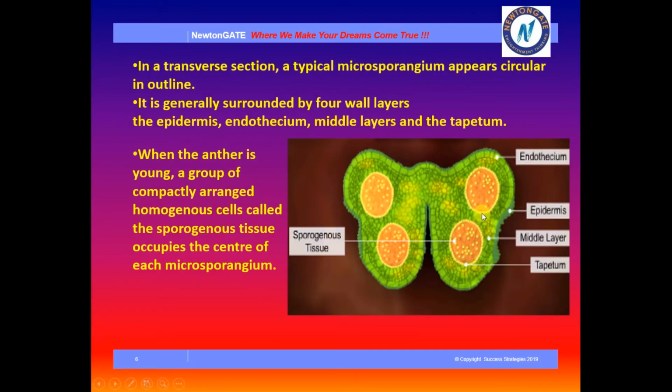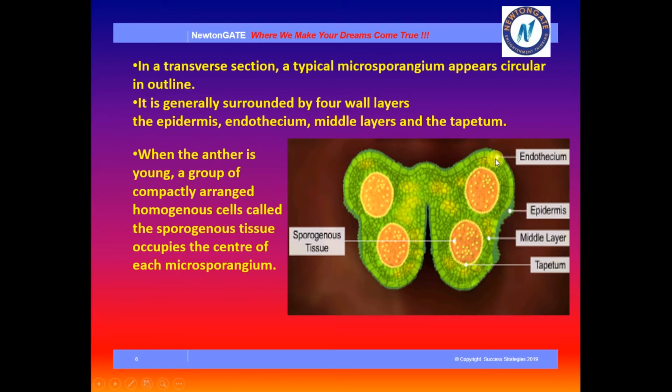So, this is the transverse section of a typical microsporangium. You can see here that it is almost circular in outline, and it is generally bounded by four wall layers. The outermost one is the epidermal layer, that is the epidermis.